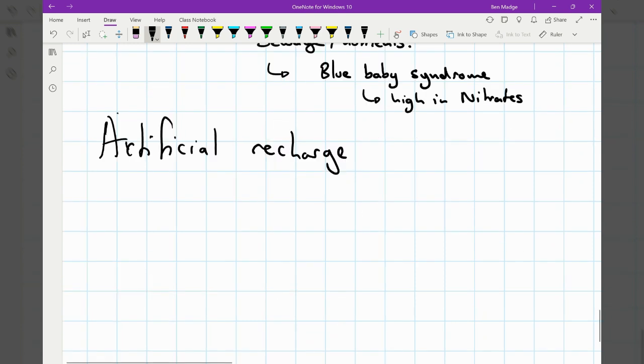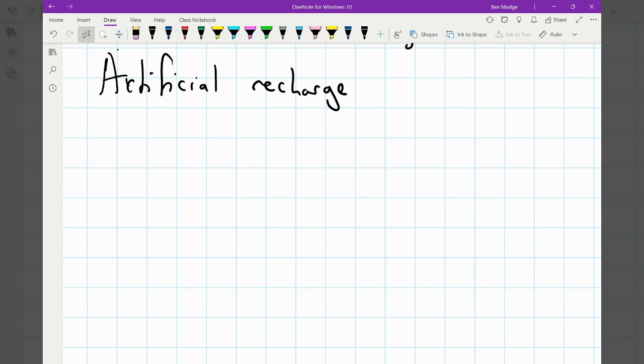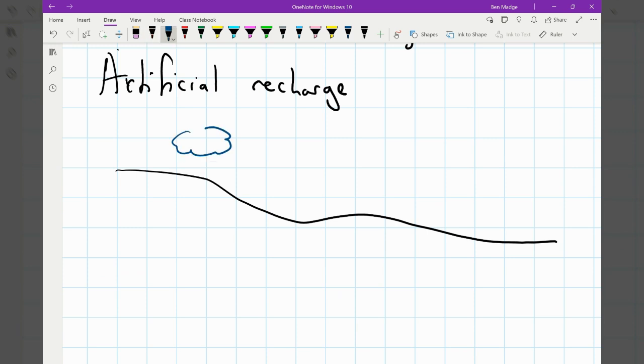And so let's have a look at artificial recharge. So if we have an aquifer that we rely on, and we've got our recharge zone, and it might be quite seasonal.